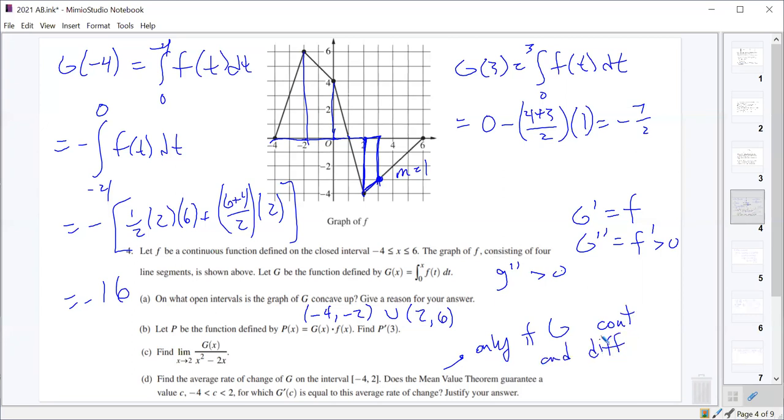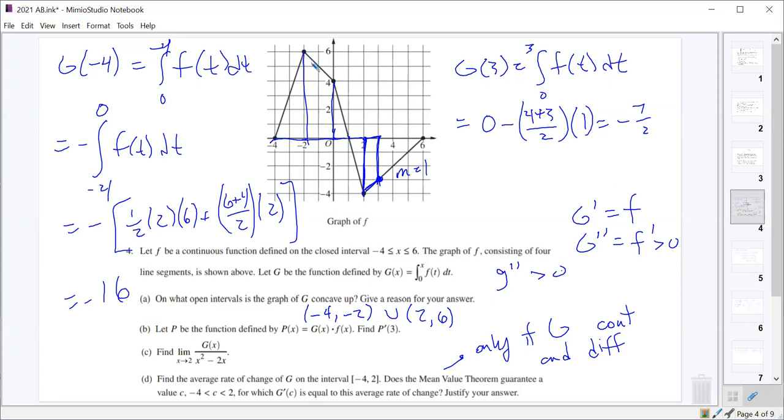We don't care about f and whether f is continuous or whether f is differentiable, because f is clearly not differentiable on the interval negative 4 to 2. Right? There's multiple corners. What we care about is whether g is continuous and differentiable on that interval. And is it? Yeah or no? Yeah? Why? The derivative of g is f.